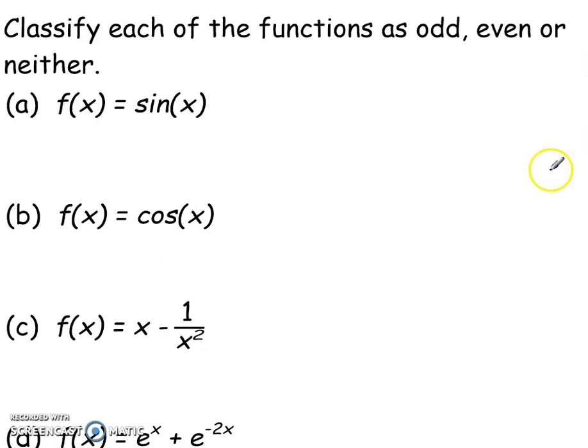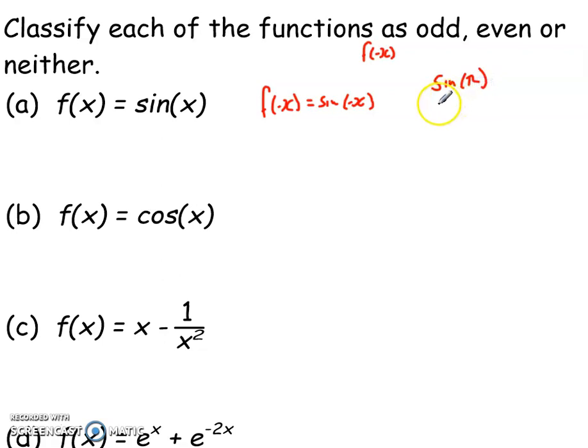So the first one, f of x equals sine x. Now remember, for any of these three, we always start with f of negative x. That's always our first port of call. So what we start with is f of negative x, and that equals sine of negative x. Now if you think about the symmetry within a sine curve, let's imagine we take sine of pi.